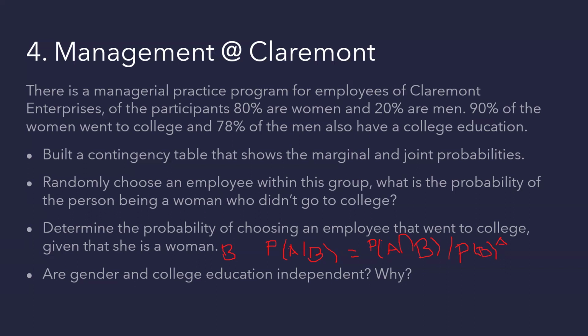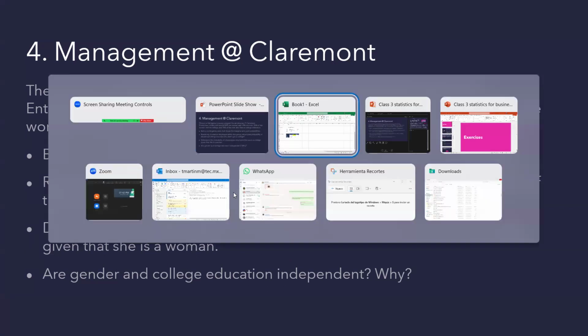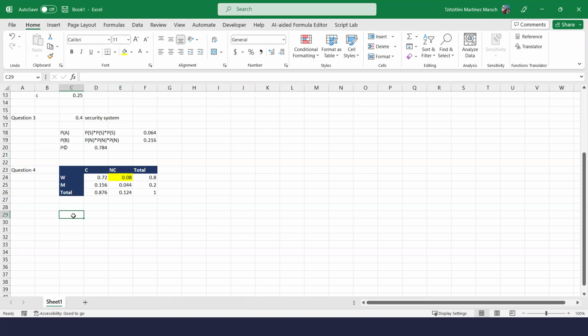That is what we're going to try to find. So again, the probability of A given B is what we're going to be looking for.